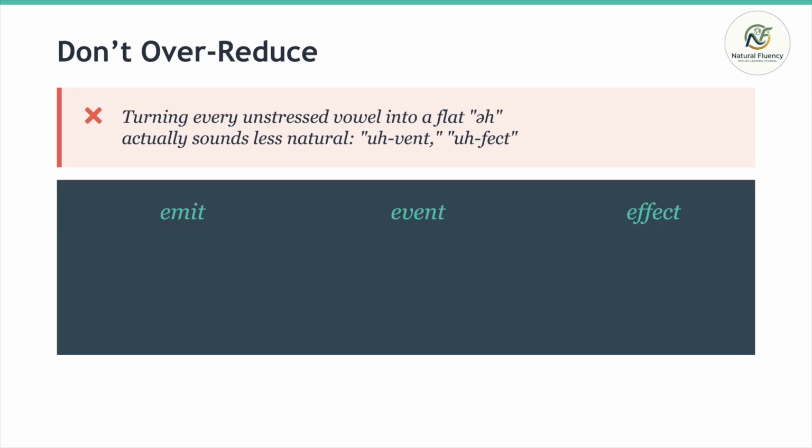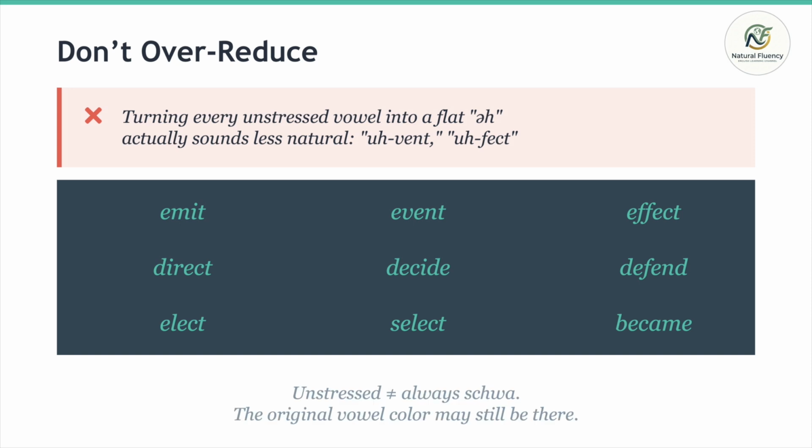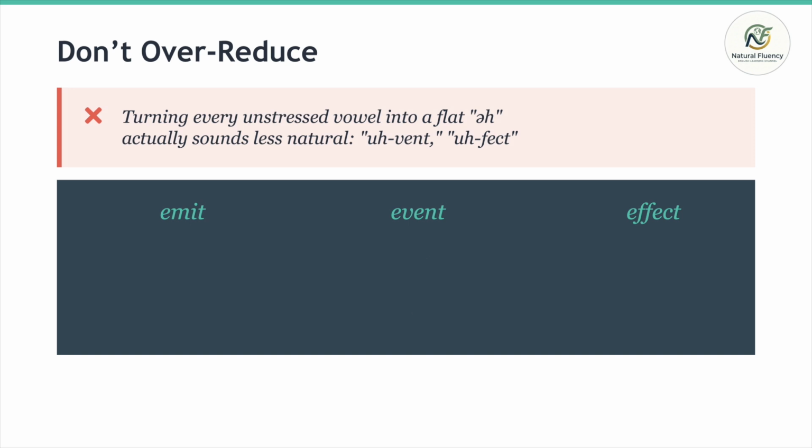Look at the screen. Emit, event, effect, direct, decide, defend, elect, select, became. If you turn every first weak vowel in these words into a flat schwa, the result actually sounds less natural. In emit, the E matters.